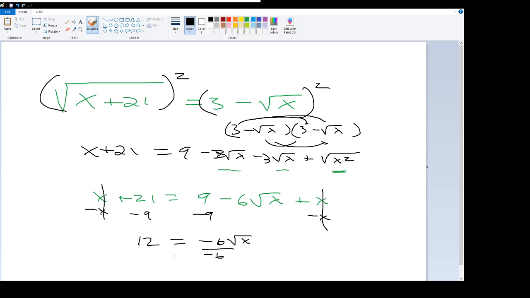Divide by negative 6, divide by negative 6, I get negative 2 equals the root of x. And remember, to get this x by itself, I can simply raise everything to the second, and I will get x is equal to 4. And so that would be my answer.